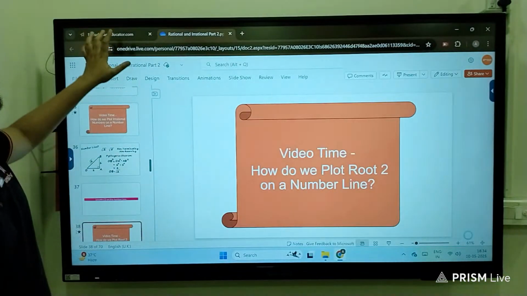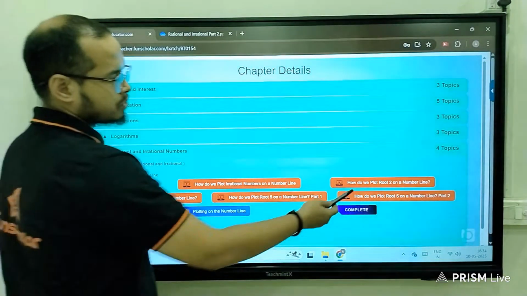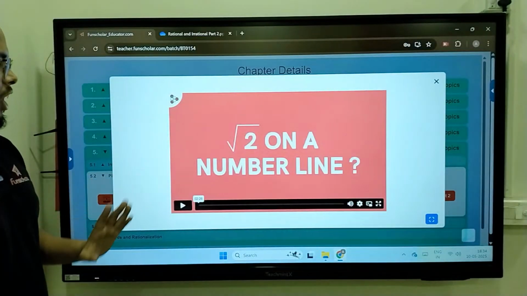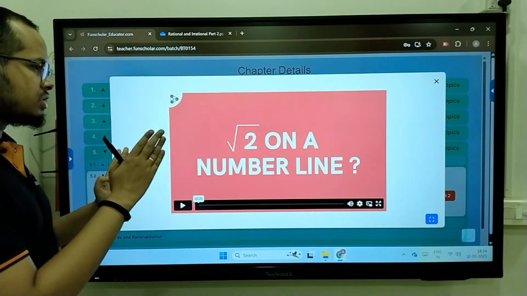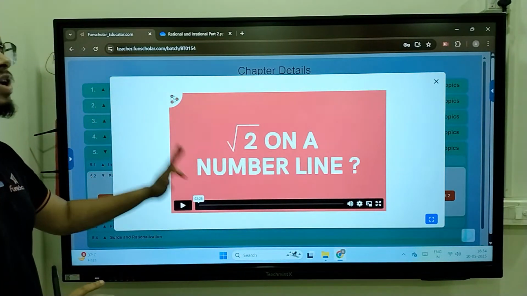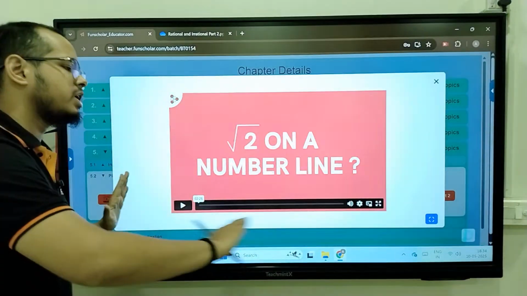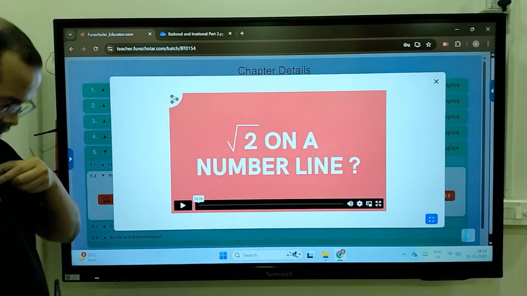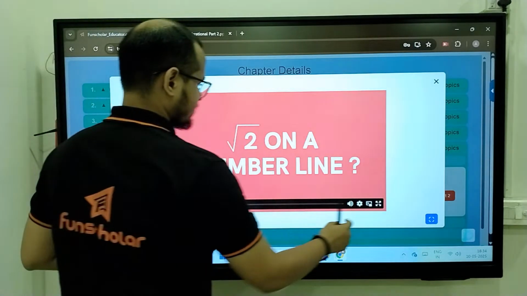There is a video. Let's watch the video first: how to plot root 2 on the number line. Give this video a very special focus, use your full concentration to understand only this root 2. Everything will fall into place after understanding just one of the examples. Okay, let's begin.